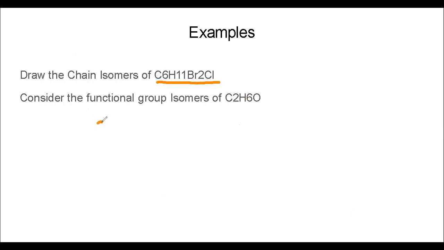So I have 6 carbon, 2, 3, 4, 5, and 6. Okay, so Br2Cl, is it possible to have all of them? Yes, on the first carbon. Yes, it is possible. I can have Cl here and have the Br.